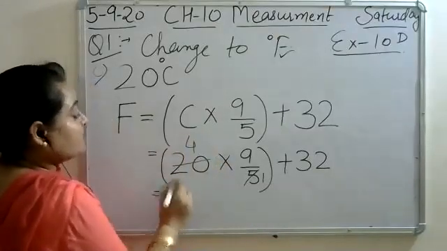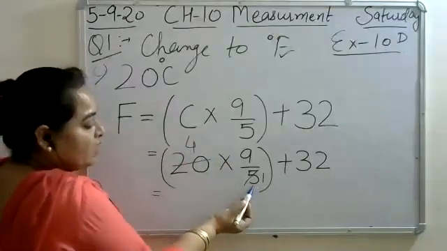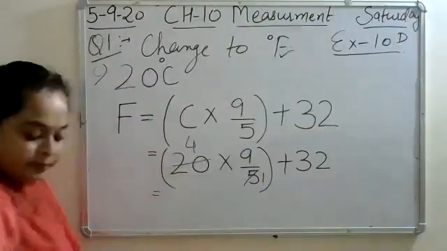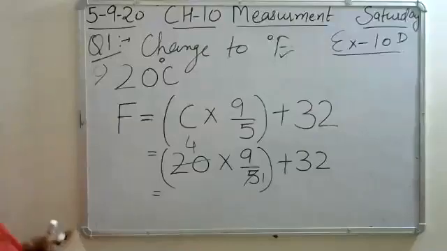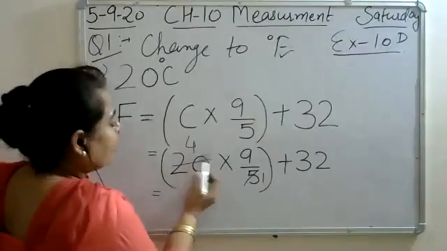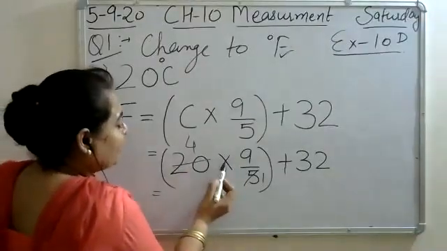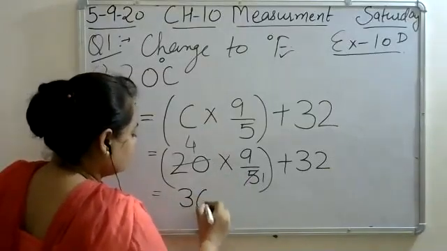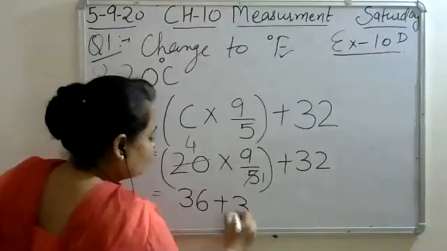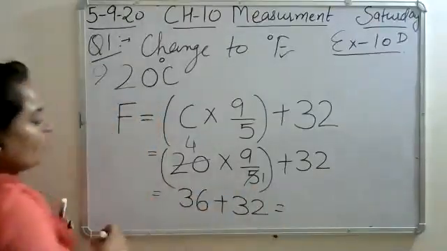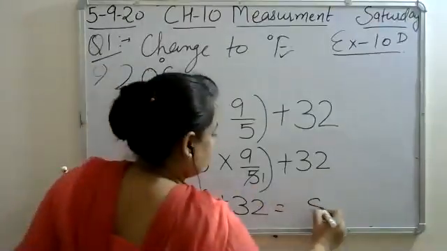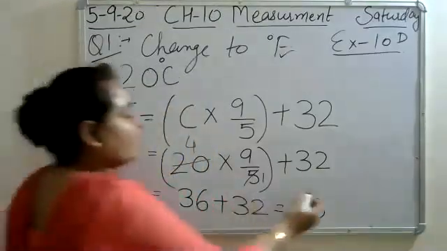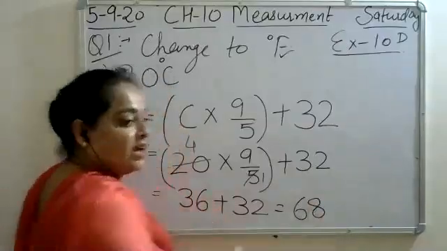This is the cancellation. Now 4 multiplied by 9 is 36, plus 32 is equal to 68. Now tell me, will you write here degree Celsius or degree Fahrenheit?